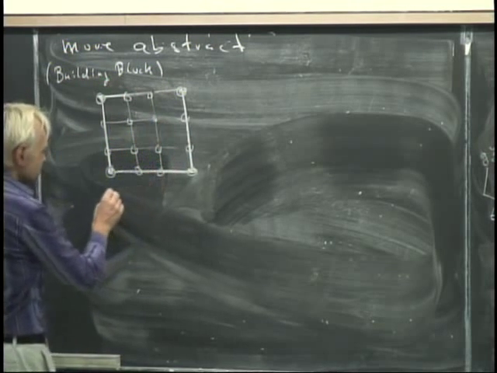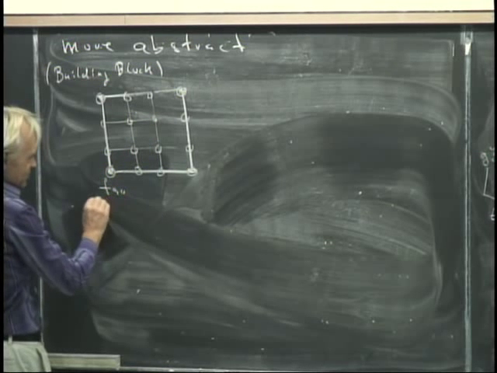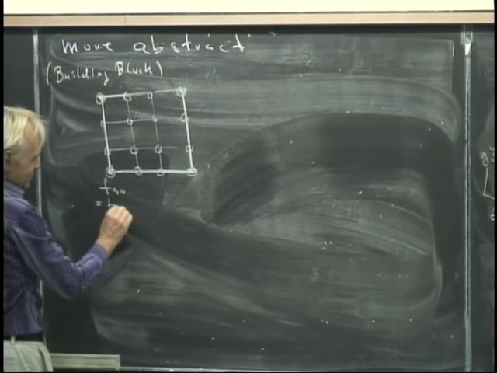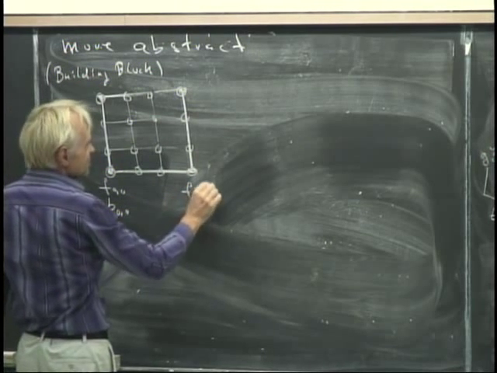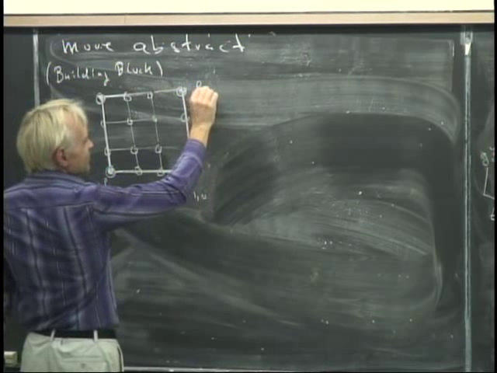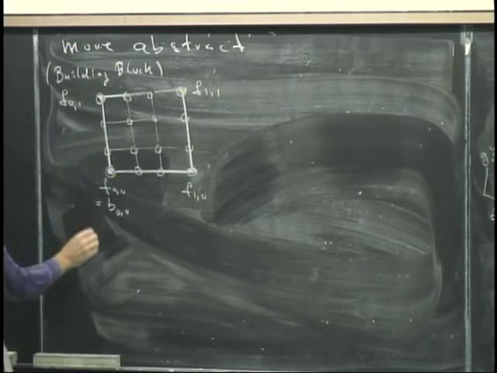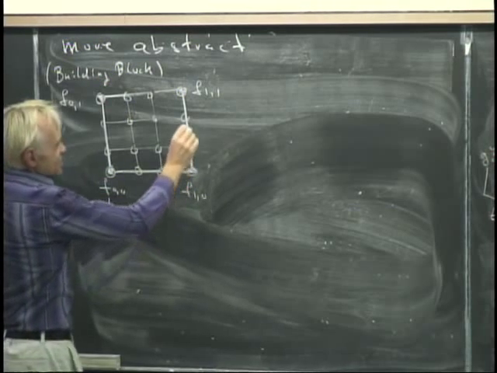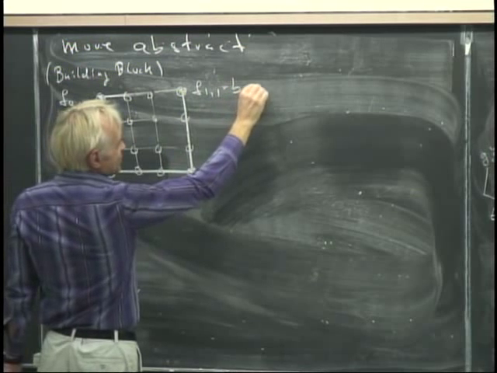Okay, so this would be F00, which was B00. And this point here is point F10. This point is F11. This point is F01. So then this is equal to B33.